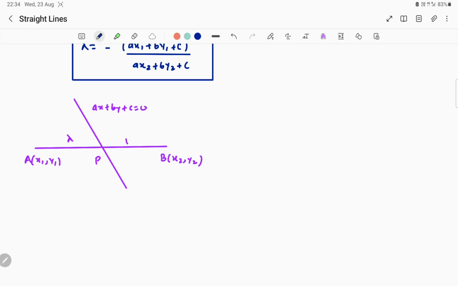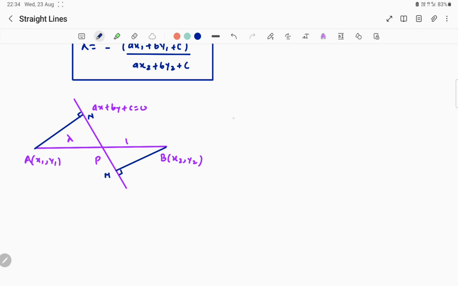Think like this. If I drop a perpendicular here and a perpendicular here, then please help me in getting the values of BM and AN.